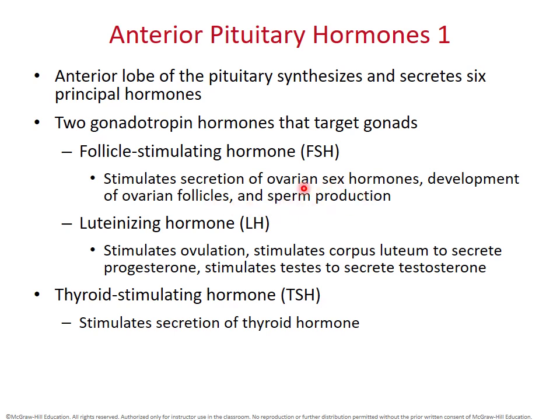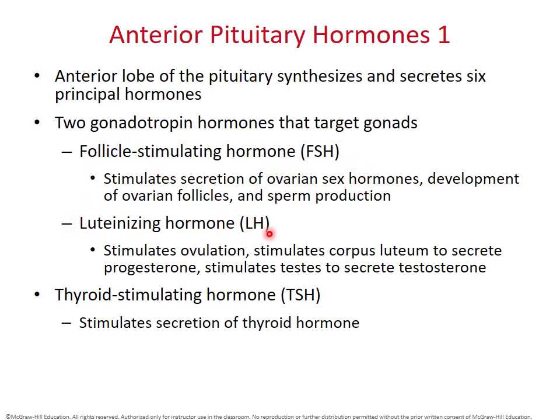By analogy, in the male, of course, the follicle-stimulating hormone stimulates sperm production within the seminiferous tubules of the testes. And in both cases, follicle-stimulating hormone will also stimulate some sex hormone production. It's especially potent in females in stimulating the release of ovarian sex hormones like estrogen and progesterone.